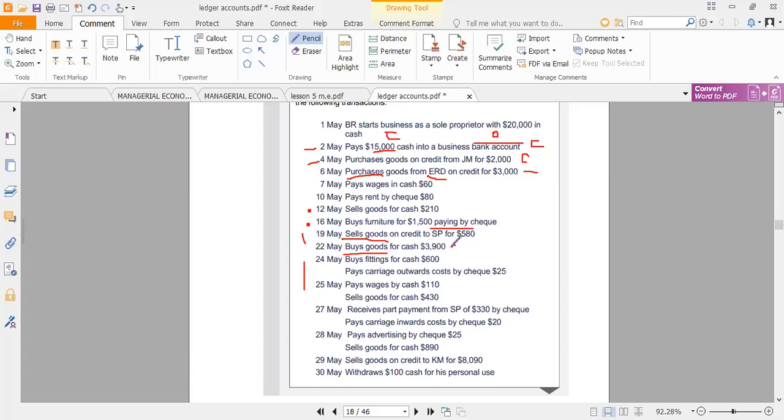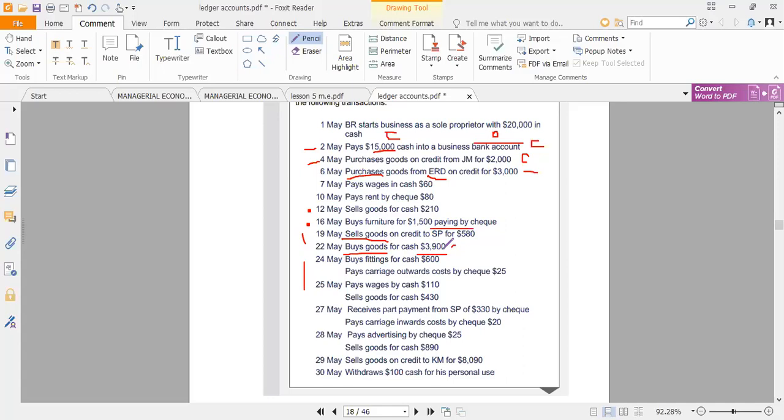What two accounts are we opening? The purchases account and the cash account, yes. So cash account is giving out money, right? So what do we do with the cash account?